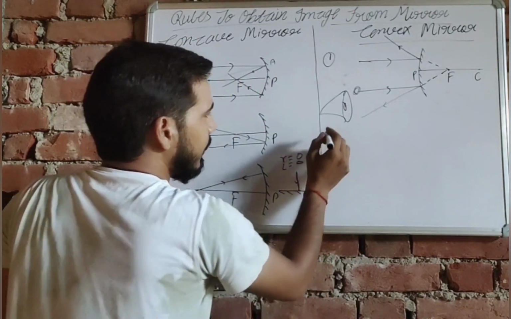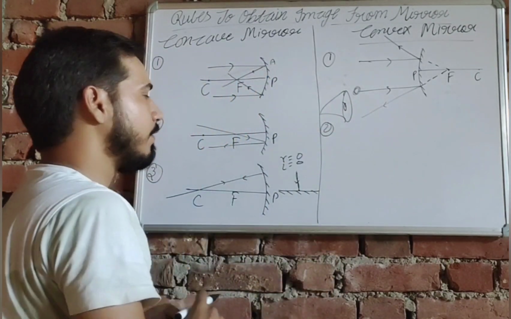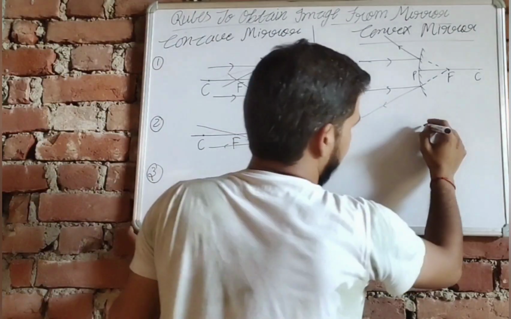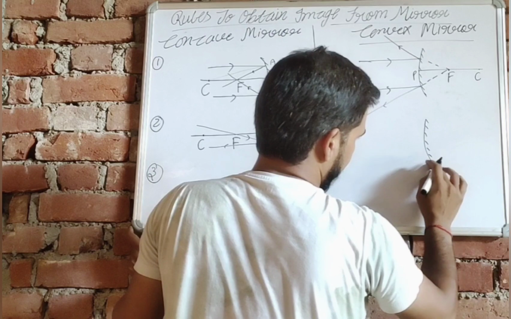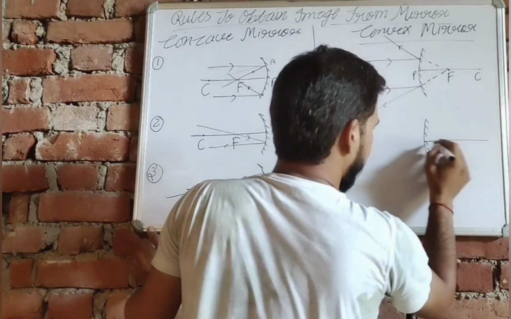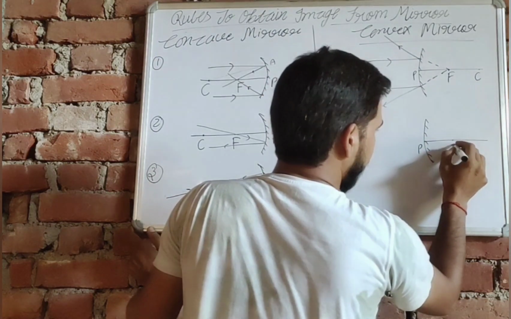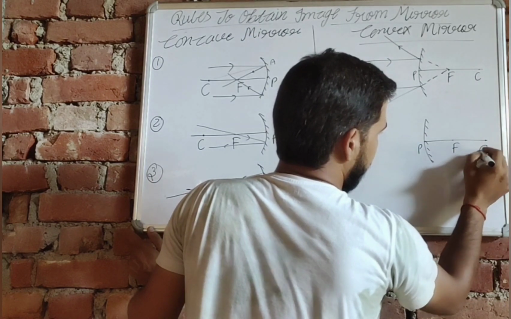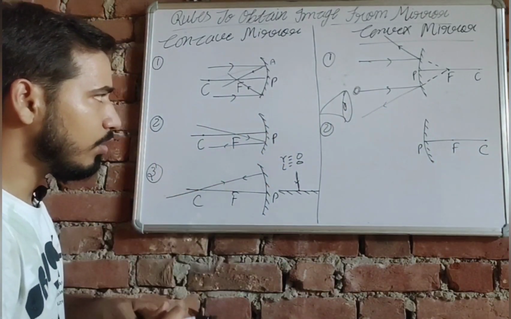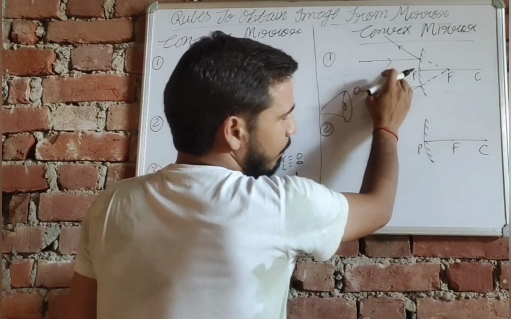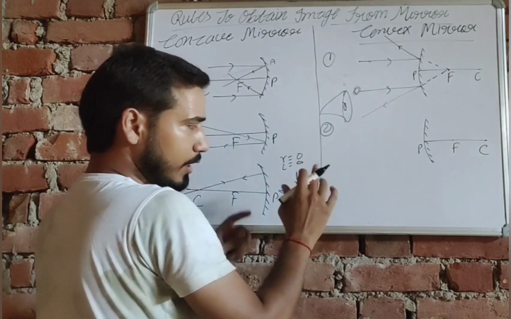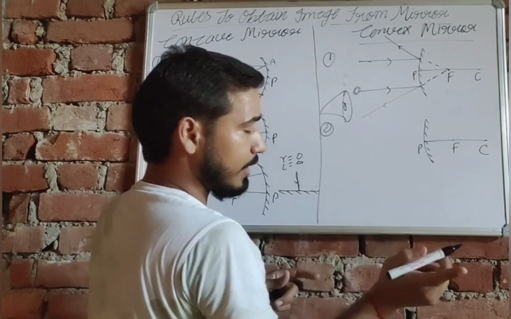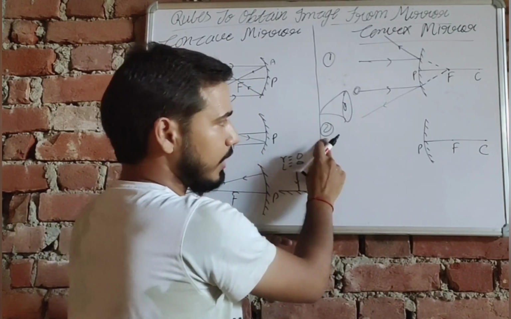Okay, the second rule in case of a convex mirror. In the second rule you consider just the opposite of the first rule.